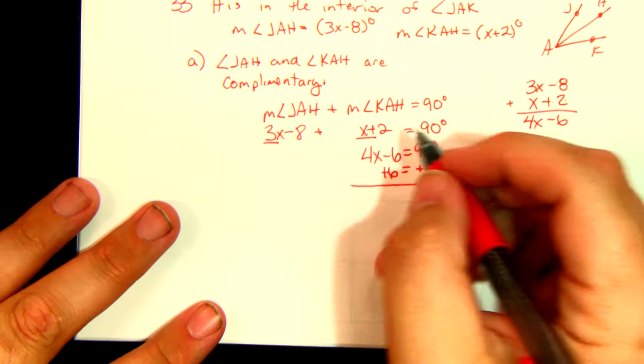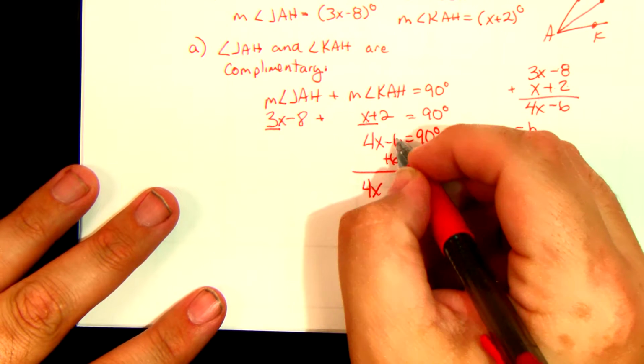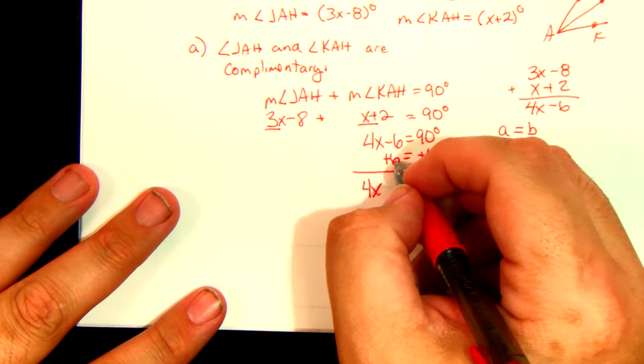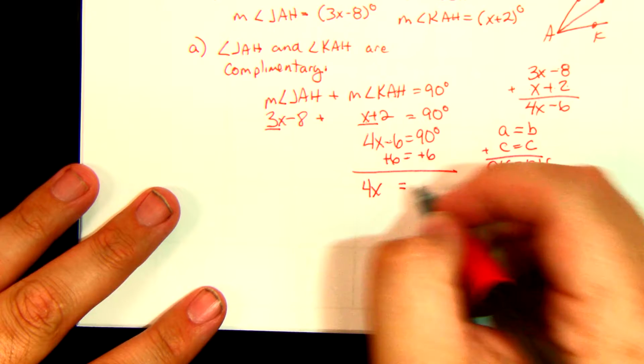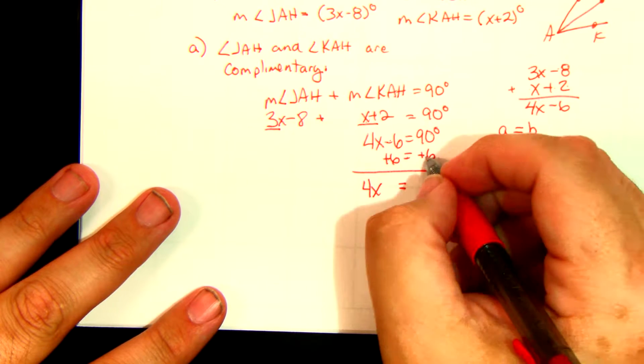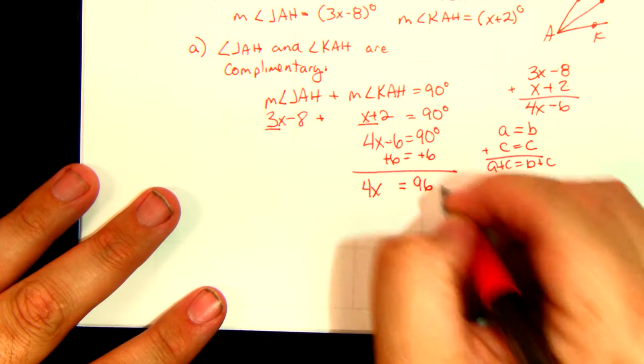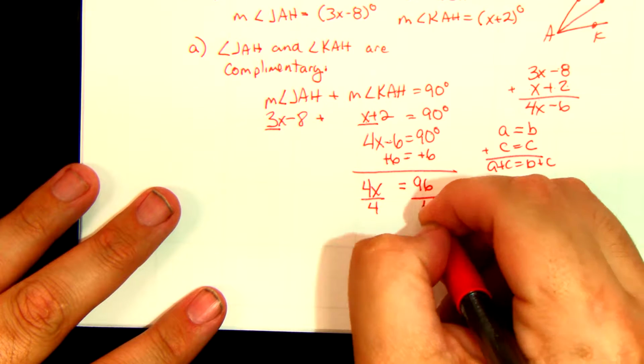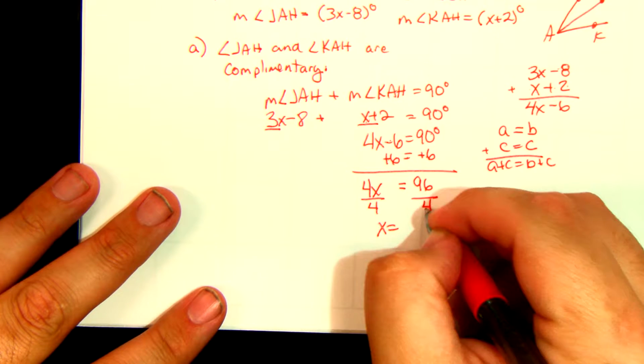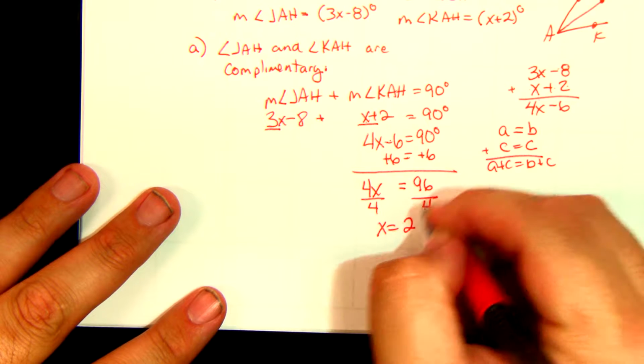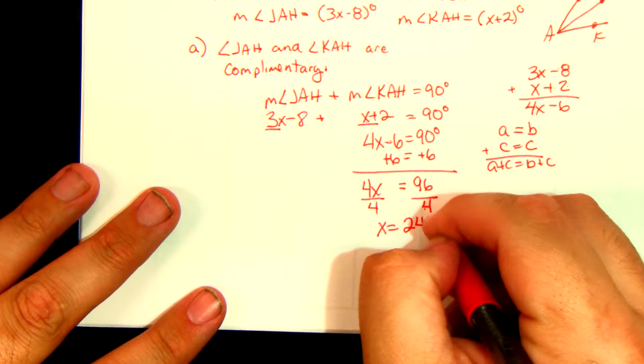So you get 4x, and then negative 6 plus 6 is what? Nothing. It's a 0. 90 plus 6 is 96. Divide that by 4. 4 goes in there twice, so 2, 1. So that's 24 degrees. Now, am I done?